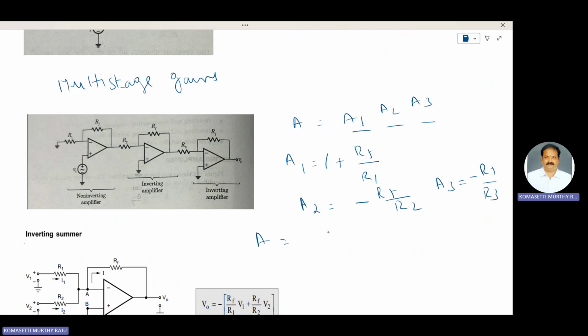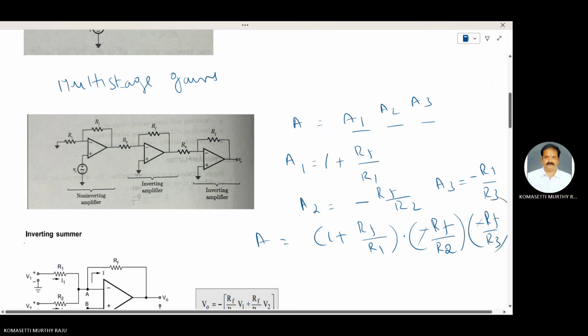Overall gain A is equal to 1 plus RF by R1, A2 is minus RF by R2, A3 is minus RF by R.